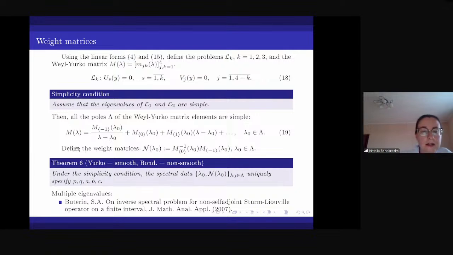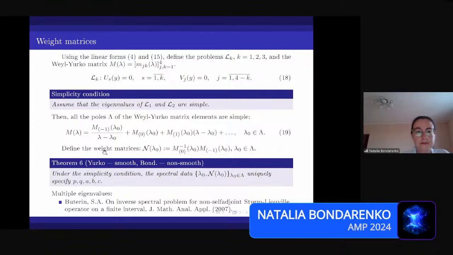So this is the matrix formula. And let us, instead of the Weyl matrix, use some discrete data. We will use its poles and some data associated with these poles. Namely, we will use the weight matrices, which are defined by this formula, by the coefficients of the Laurent series. So the general theory implies that under the simplicity condition, the discrete spectral data, the eigenvalues of all the three problems and the corresponding weight matrices, uniquely specify the desired coefficients.